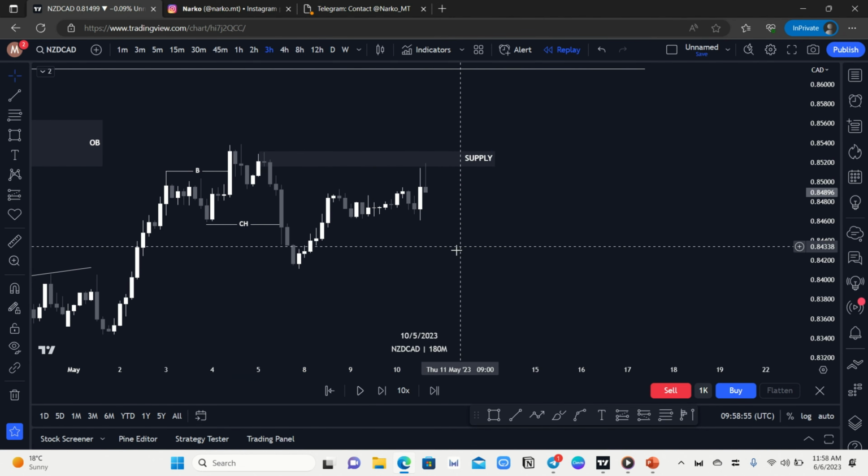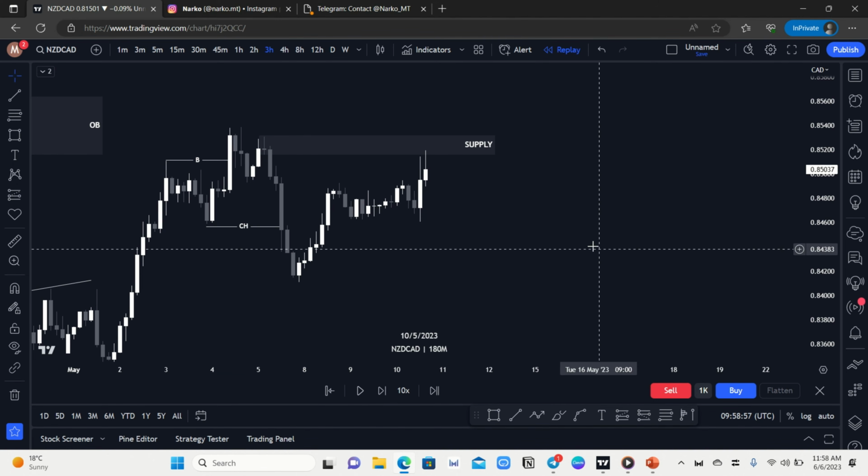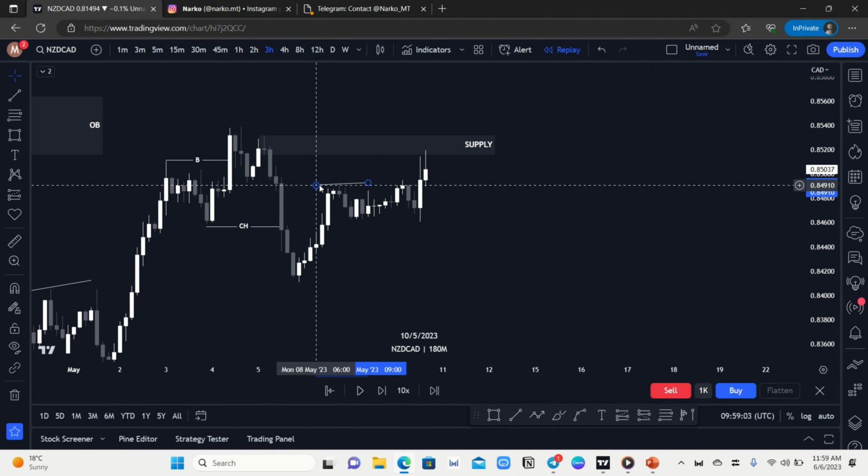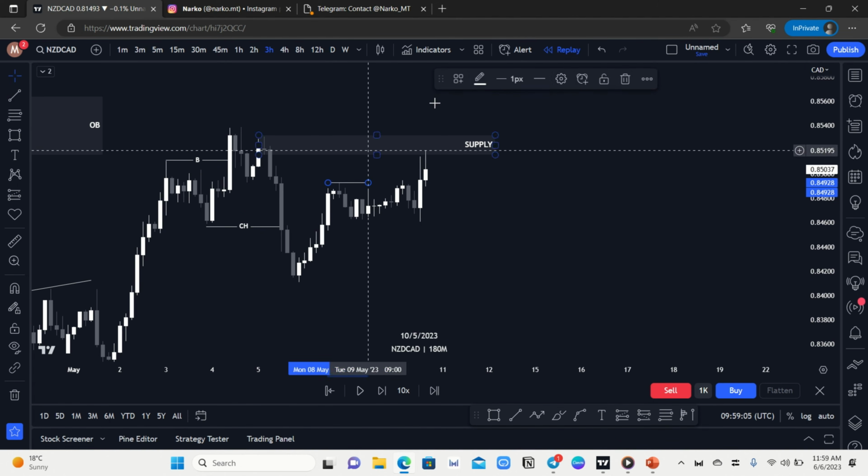As you can see, the price just taps us in, and when price taps us in, it clears out all the liquidity lying just below our supply area.